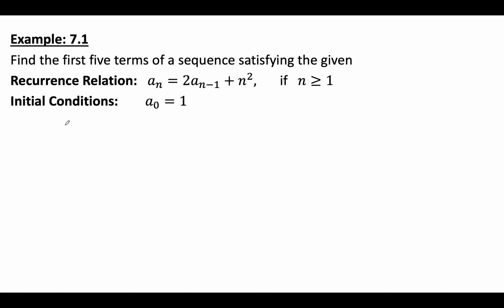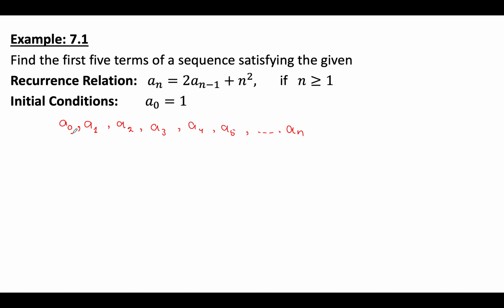So if we go back to the definition, we saw that I've got a sequence that has a0, a1, a2, a3, a4, a5, and we can keep continuing until we reach a_n.